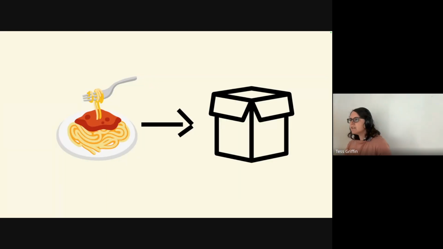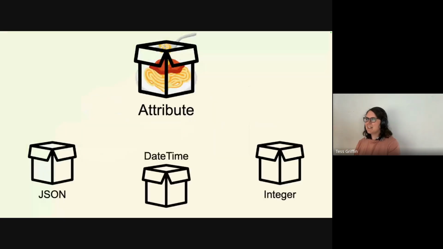So put simply, Sage put the spaghetti code into a box called the attribute object. The attribute object can now ask, hey, datetime, turn my string into one of your type. So these type objects now hold the logic for casting, and the attribute object delegates all of that behavior to them.